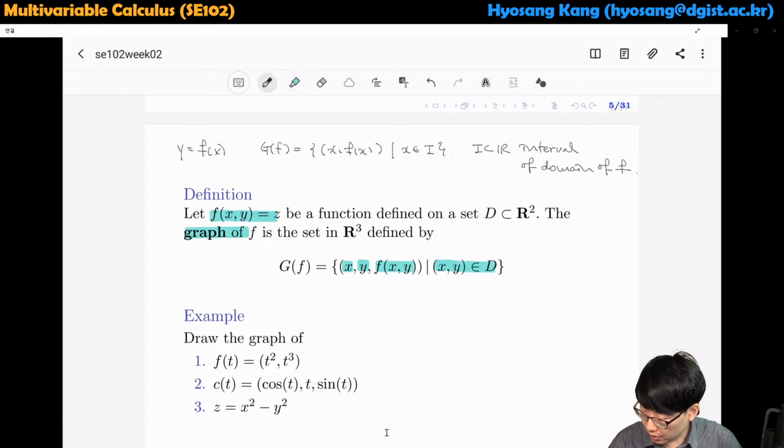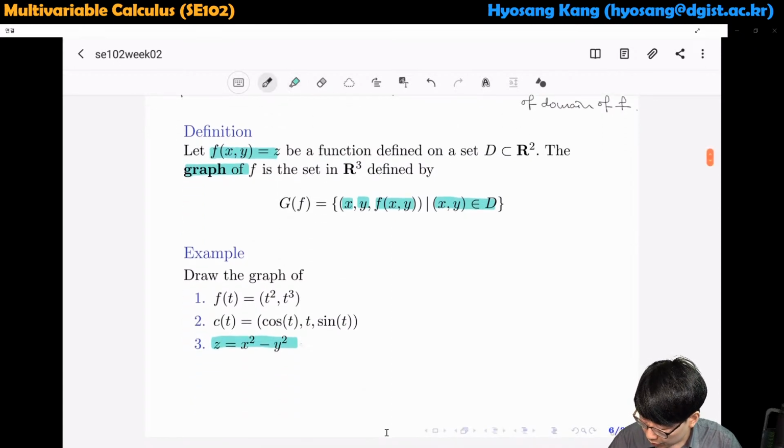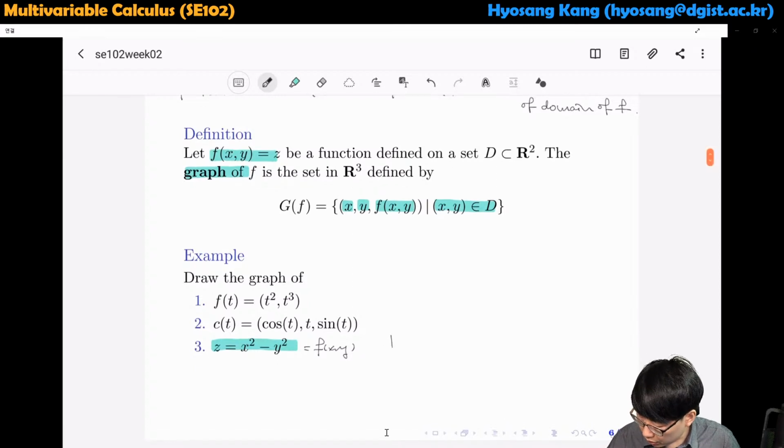So for example, let's look at this one first: z equals f of x, y, which is x squared minus y squared. And let's assume that since we cannot draw this function over the entire plane, our domain of the function is minus 1 to 1, cross minus 1 to 1.